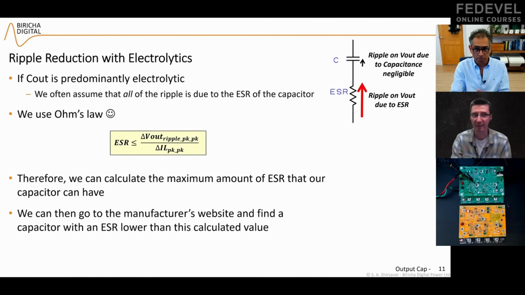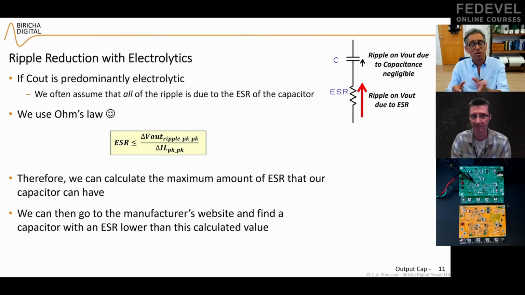So basically, in this case, we don't really care much about the capacitance because the ESR is the dominant element which is making these ripples. We don't care about the capacitance at all in this particular case because it's the resistance that is generating the ripple.